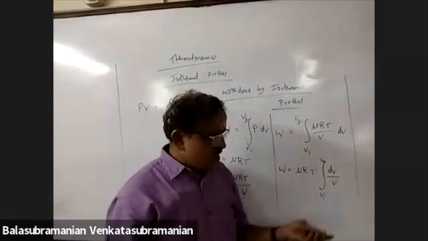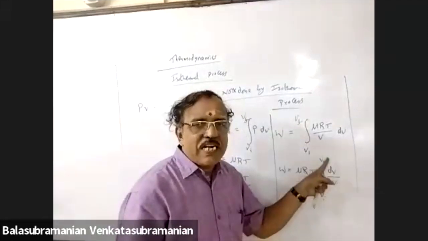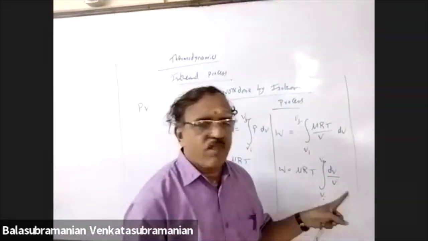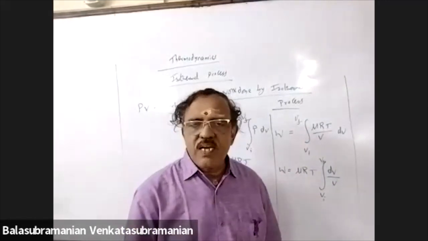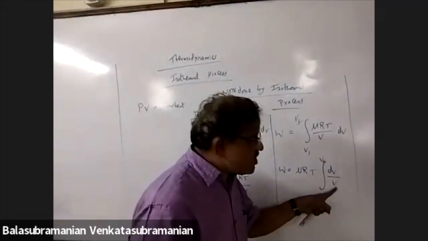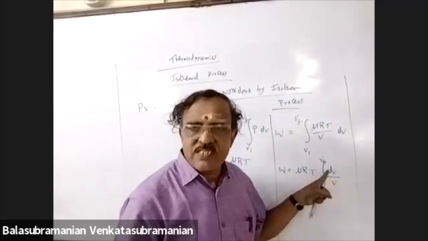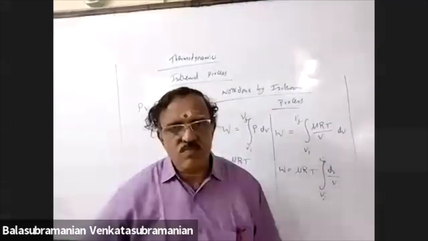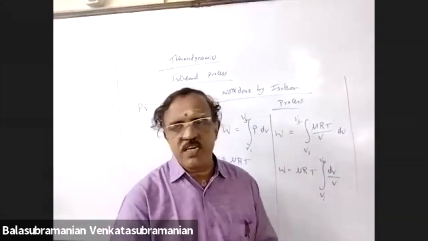We have studied basic integration in maths. V differentiation is dV. V is a variable. When you differentiate that variable, we will get dV. X differentiation is dx, V differentiation is dV. That means if the numerator is the differentiation of the denominator, then the answer is log of the denominator. You might have studied this basic integration formula.